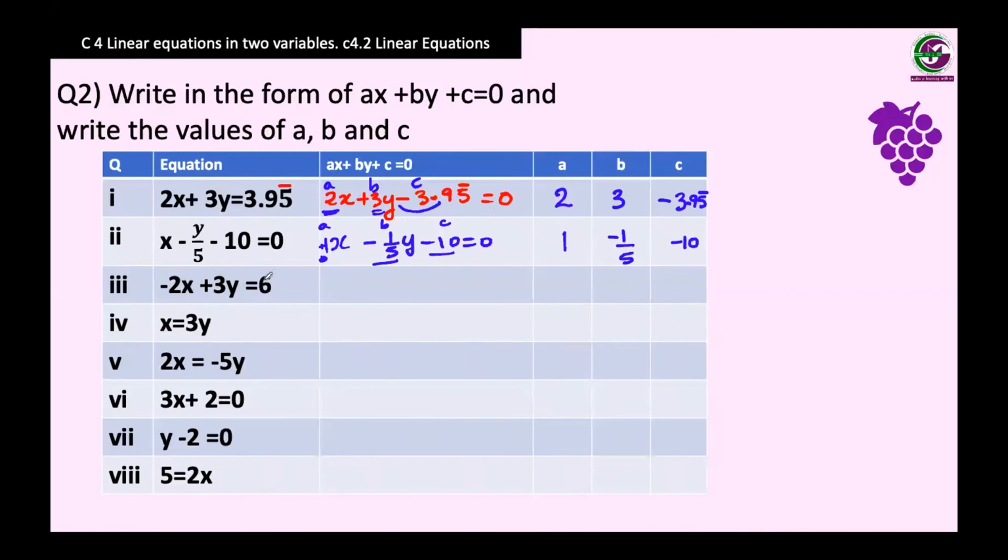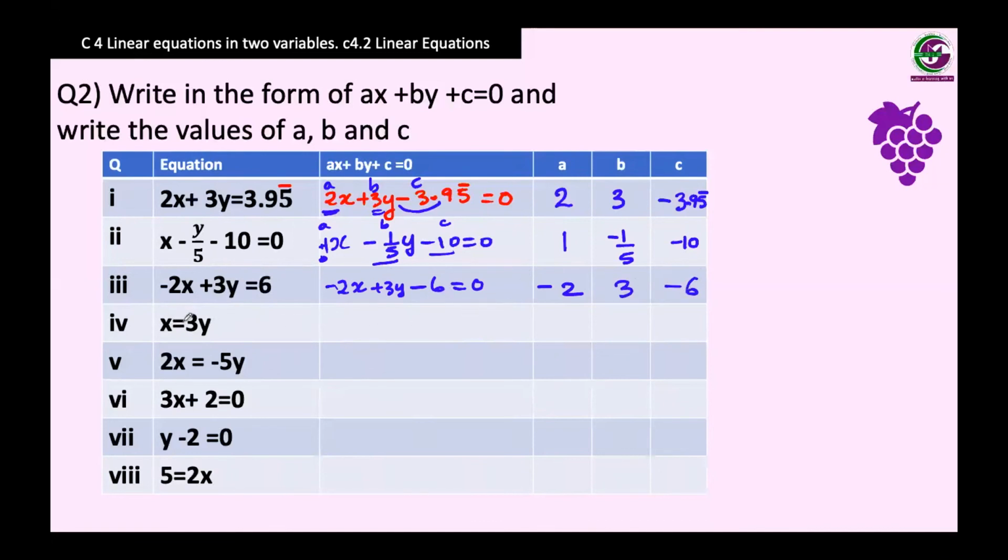Excellent. Now we have to rewrite by taking 6 to the left side. So negative 2x plus 3y minus 6 equal to 0. So here we have a is negative 2, b is positive 3, and c is negative 6. Easy, right?